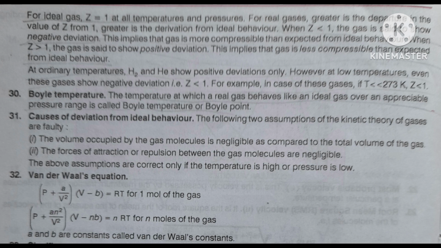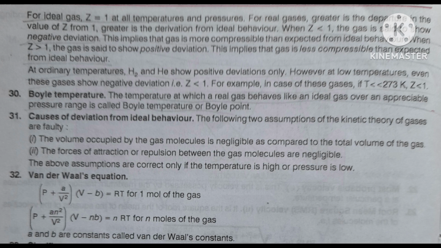The first point considered in the assumptions of the kinetic theory of gases is that the volume occupied by the gas molecules is negligible as compared to the total volume of the gas. The second point, related to force of attraction, is that the forces of attraction or repulsion between the gas molecules are negligible.